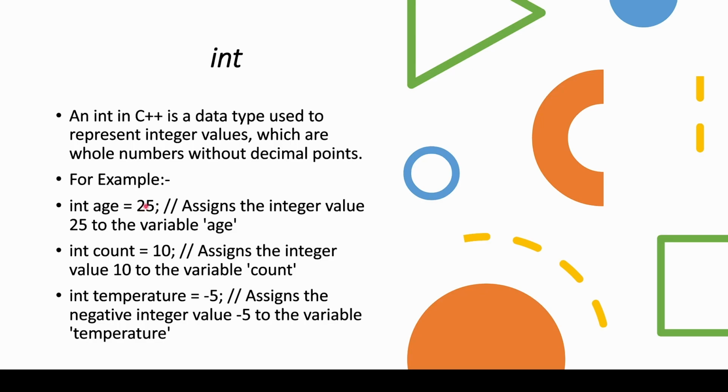So 25 will be stored in the variable age. Likewise, 10 will be stored in the variable count. Likewise, -5 will be stored in the variable temperature. As you see, all these are whole numbers. Whole numbers may be positive or negative, it doesn't matter, but all these are whole numbers.